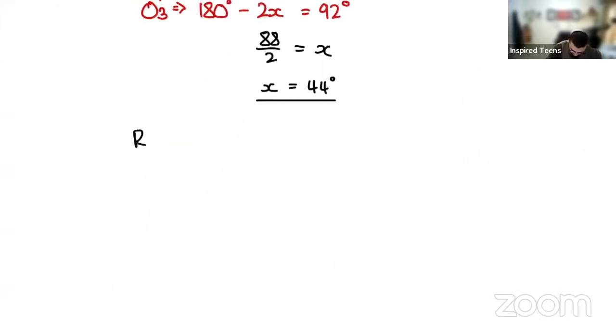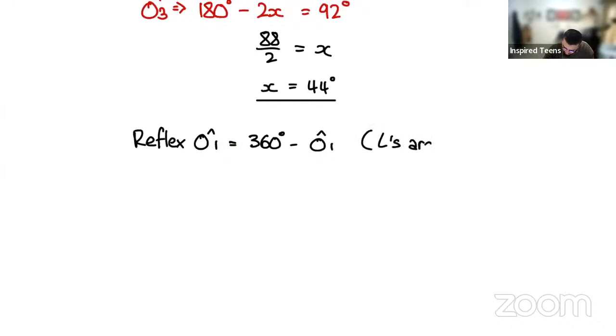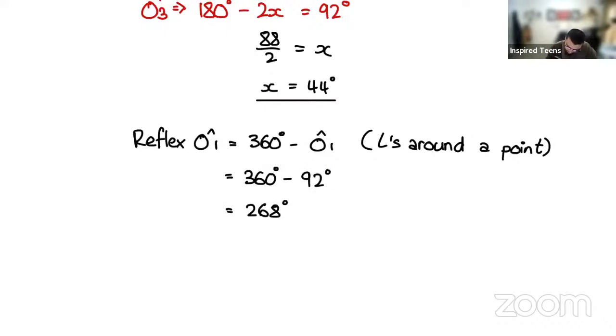Reflex O1 is equal to 360 degrees minus O1. The reason for this is angles around a point. Therefore this is equal to 360 degrees minus 92, which is equal to 268 degrees.